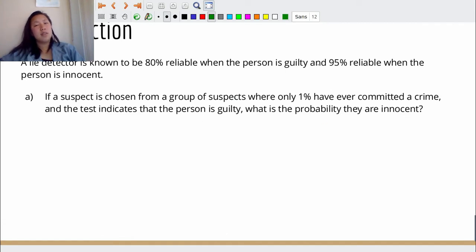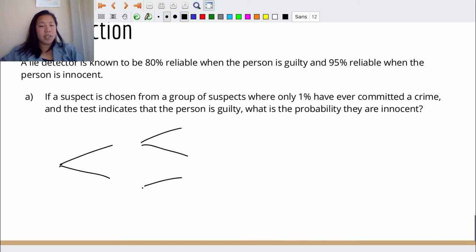So you could use the formula that we gave before, but I think a nicer way to do it is probably with trees. So let's draw this out. There's two branches here, right? One is if they actually committed a crime, and then one is what the test says.